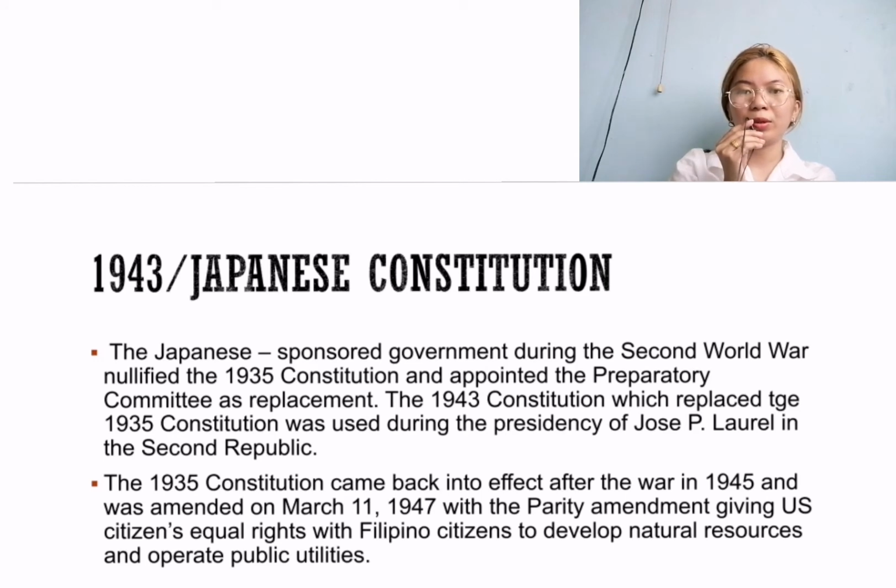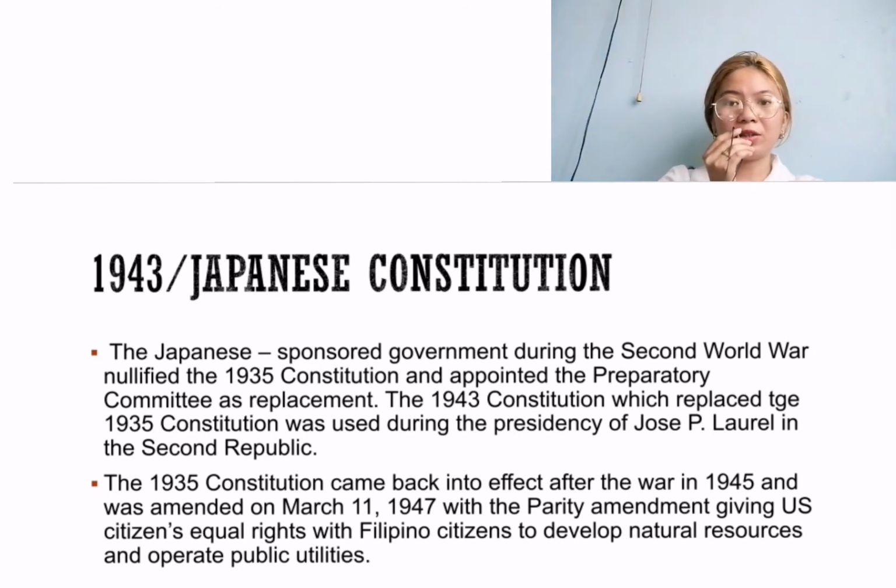Yan po yung sinabi ng Japan sa Philippines na gawing diktatorial ang pamumuno sa Pilipinas. So when we say diktatorial kasi, military yung mamumuno sa isang country. Just like sa Japan, nung pumunta sila dito, military government yung way na mamuno sila sa atin.